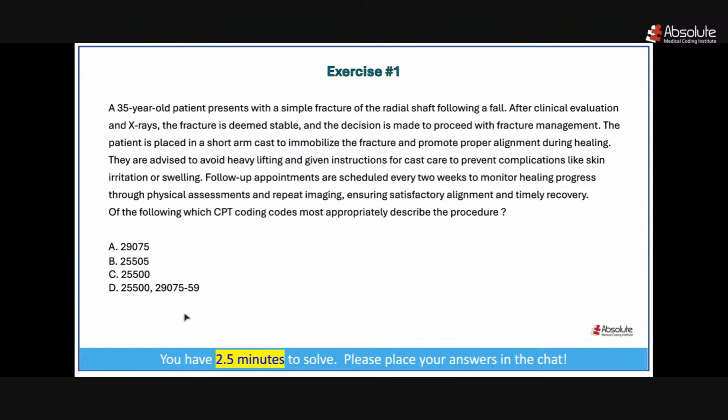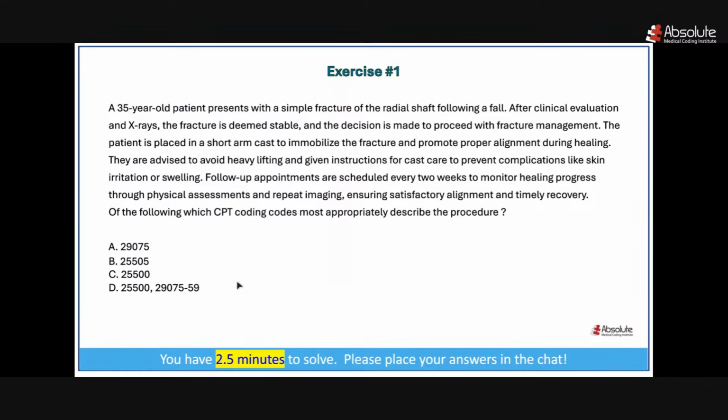A 35-year-old patient presents with a simple fracture of the radial shaft following a fall. After clinical evaluation and x-rays, the fracture is deemed stable and a decision is made to proceed with the fracture management. The patient is placed in a short arm cast to immobilize the fracture and promote proper alignment during healing.